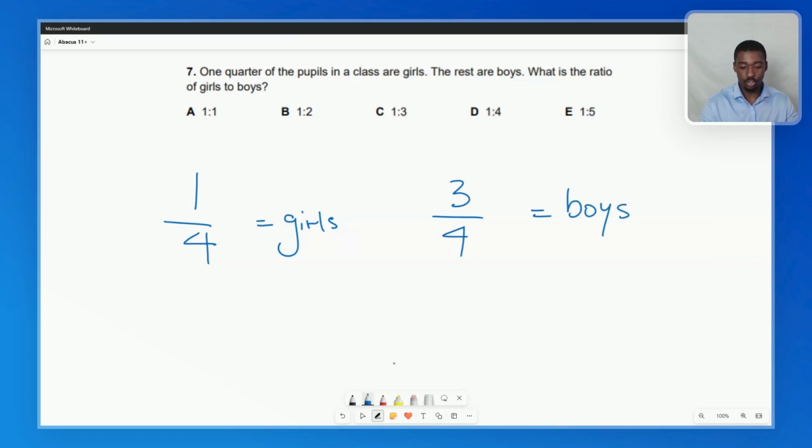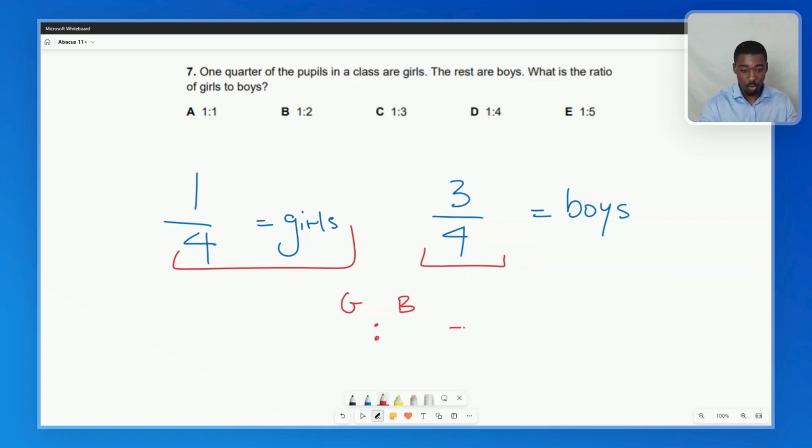So let's really deconstruct that language. 1/4 are girls. 3/4 are boys. And I'm saying it really slowly and weirdly on purpose, because when you say it like that, you can understand how this ratio must work.